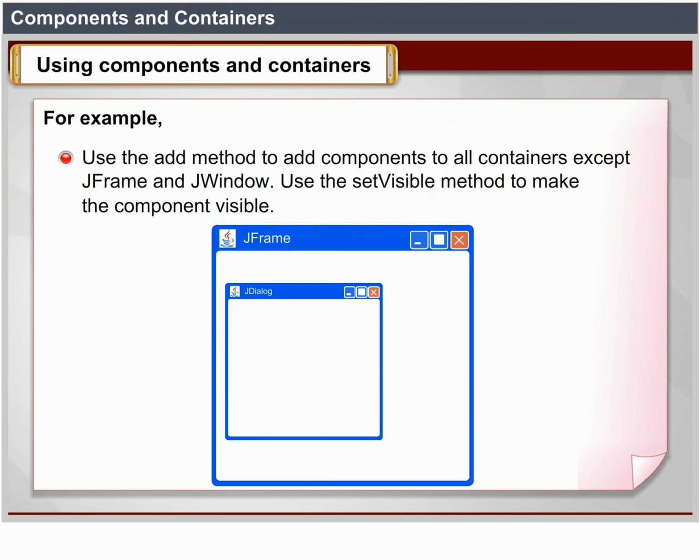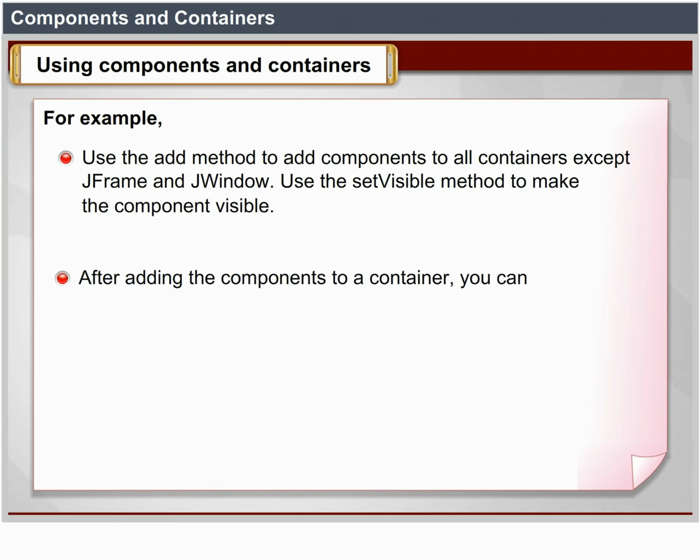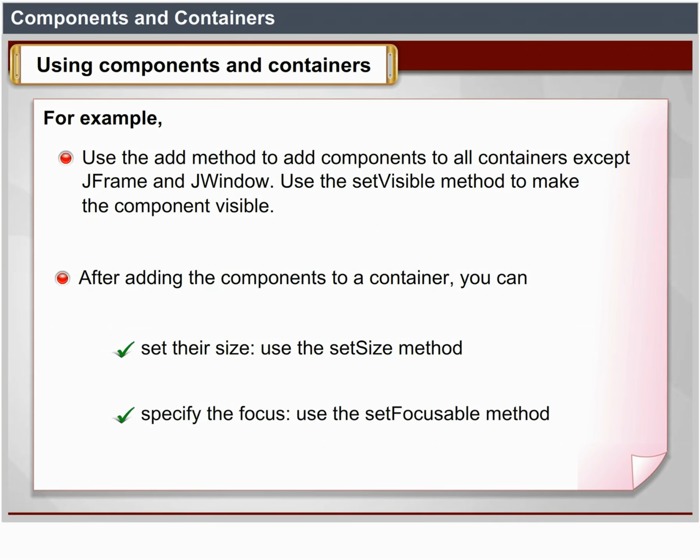Use the add method to add components to all containers except JFrame and JWindow. Use the setVisible method to make the component visible. After adding the components to a container, you can set their size. Use the setSize method. Specify the focus. Use the setFocusable method.